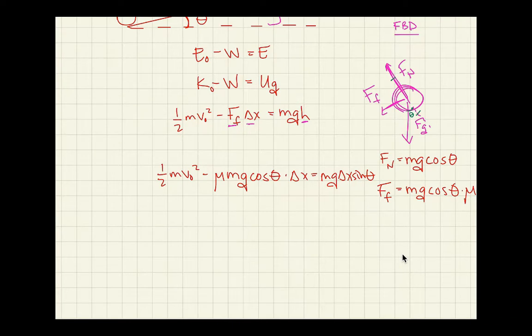Now, if we look at this, I know m is known, v naught is known, mu is known, g is known, theta is known. The only unknown variable for me here is this delta x. So this is now a solvable equation. Let's get rid of all the highlighting now.